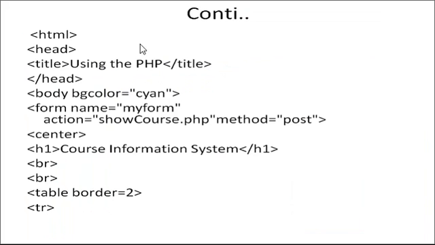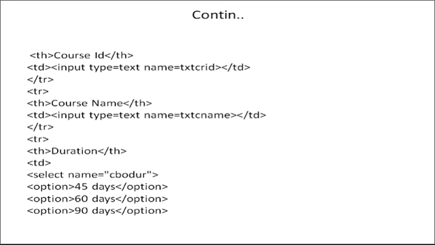So this is the standard HTML with head and title using the PHP code. Form name equal to myform, action equal to show, which is the action we want to perform on the files. Method equal to post, and post information in an h1 heading. Here post ID input type equal to text, post name input type equal to text, and then duration as a select combo box.